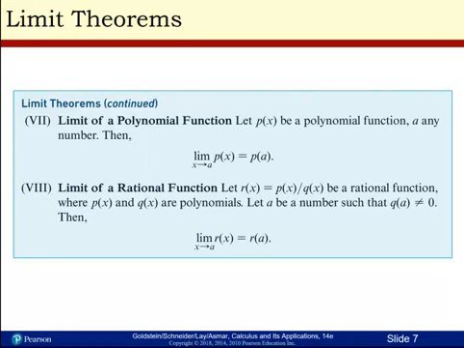The limit of a rational function, theorem number 8: let our rational function r of x equal p of x over q of x, where p and q are both polynomials. Let a be a number such that q of a is not equal to 0. Then the limit of this rational function as x goes to a is equal to r of a, meaning just plug in the value of a.